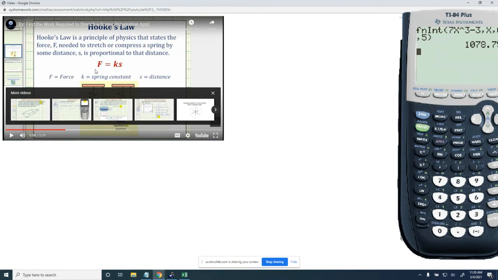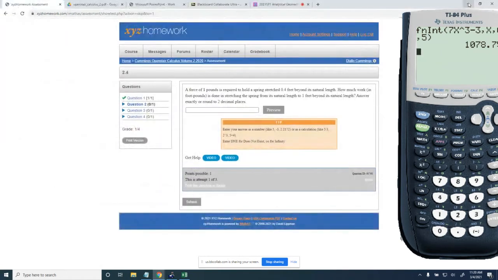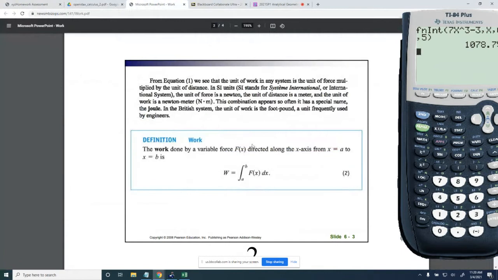So we're basically taking this F, which is K times S, and we're replacing that with this F of X. Keep in mind there will be a variable transform. Our Hooke's law gives us S as the variable for distance. We're simply going to convert the S to an X.